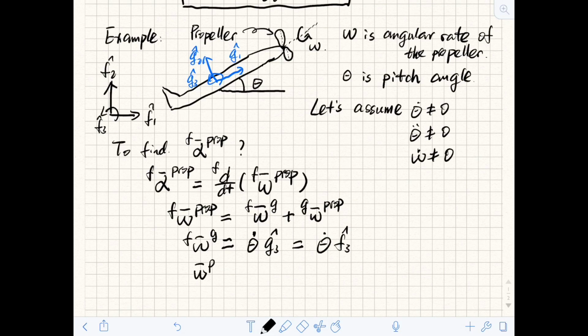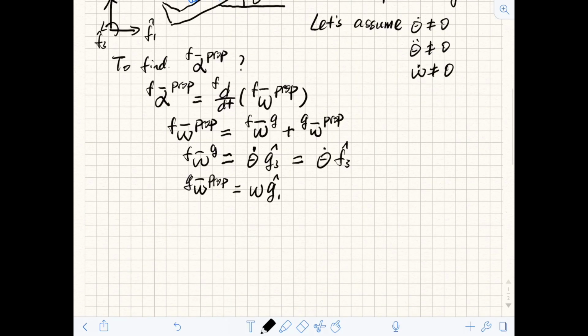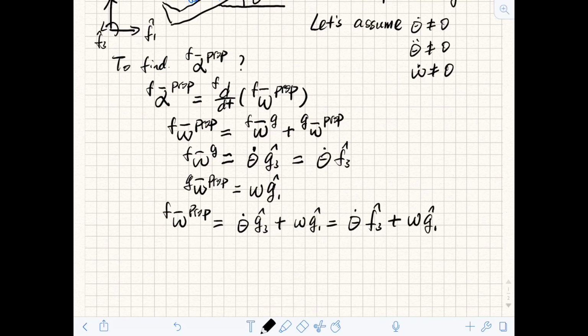And the angular velocity of the propeller in the G frame is simply the angular rate multiplied by the axis of rotation, which is G1. So we have the expression of the angular velocity of the propeller in the F frame as theta dot G3 plus omega G1, and another equivalent expression is theta dot F3 plus omega G1.